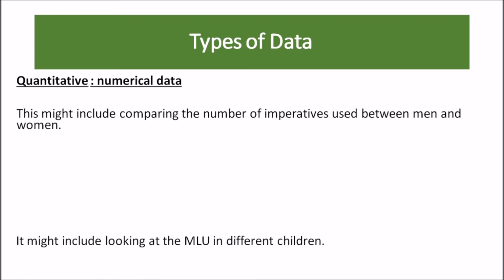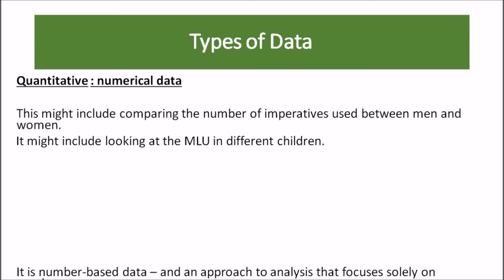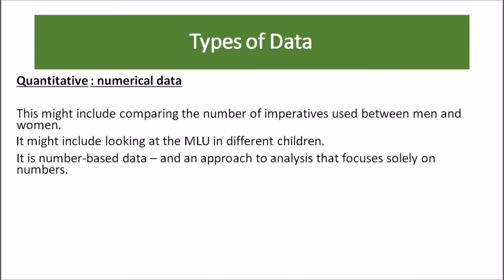You might look at the mean length of utterance in children of different ages, as for child language. Basically, it just has to be number-based data, and your analysis has to focus solely on the numbers. So as a result, it maybe isn't useful by itself, which I'll come to in a second.